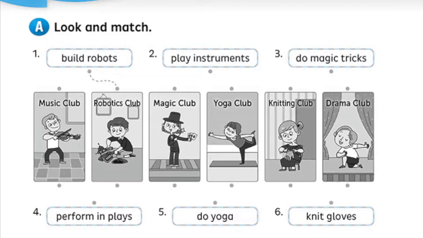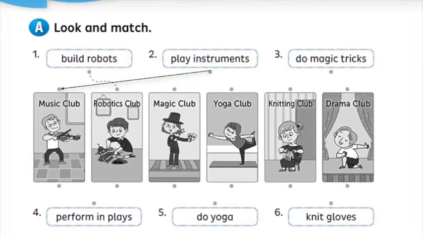Which club do we play instruments in? You should know that already, right? That would be the music club. So draw a line to the music club, just like that. Number 3, the activity is do magic tricks.